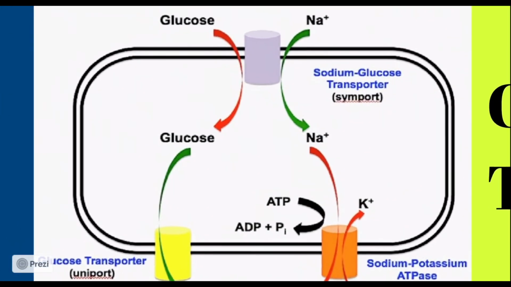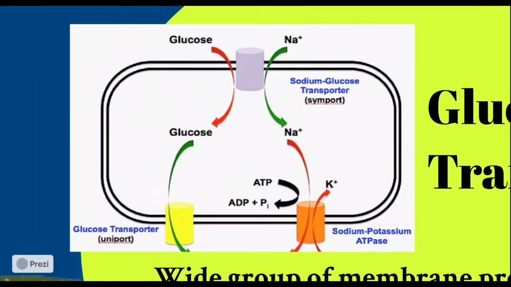And right here, it is basically just explaining the process. So, as glucose comes in and as Na comes in, glucose comes out, and then ATP goes from ATP to ADP plus P. And so, yes, that's tour stop 6.